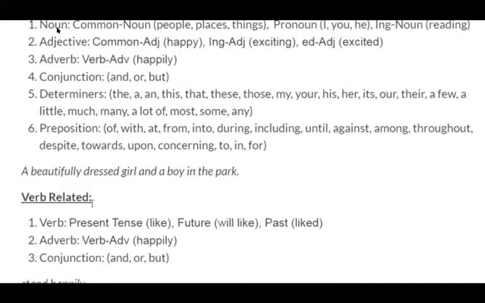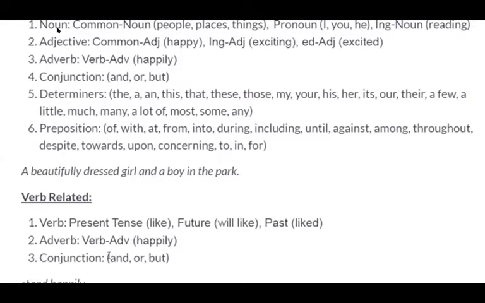Now we have verb related. Of course, for verbs we have three different tenses: present, future, and past, which we'll go over later. Adverb, of course, happily. I'm happily teaching you here. As you can see, a lot of times you add ly at the end of an adjective to make it into an adverb.